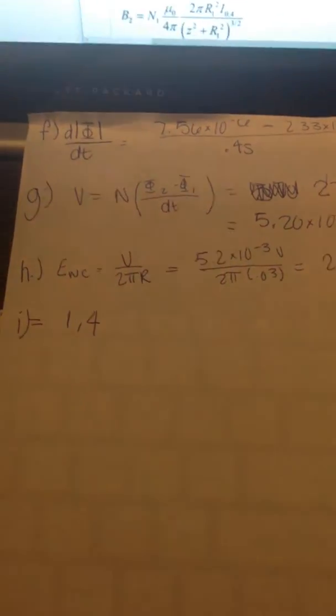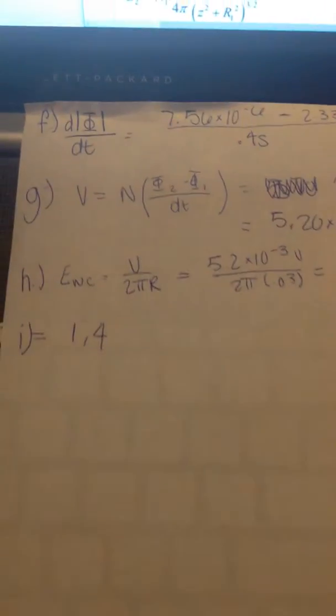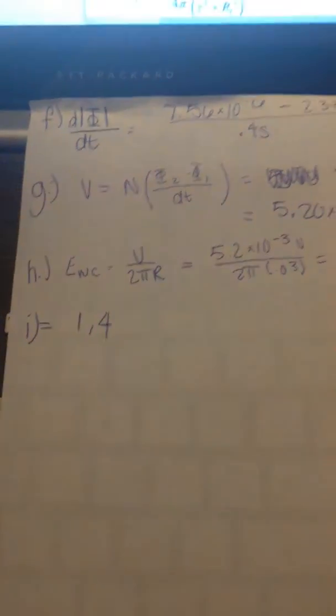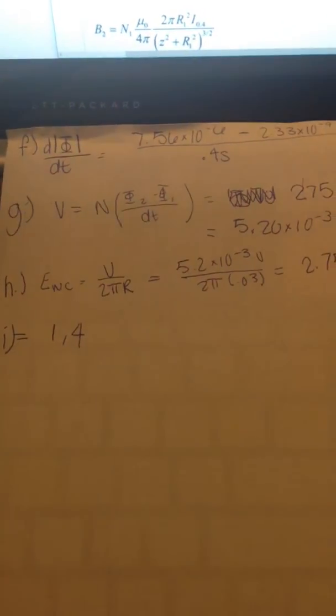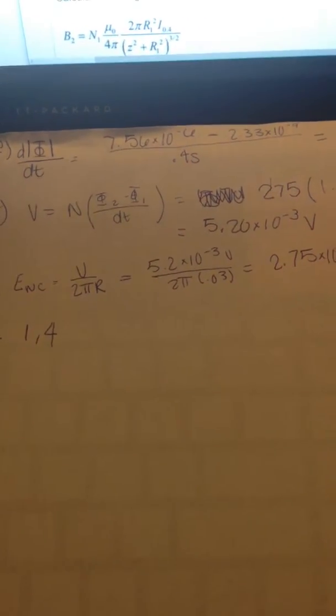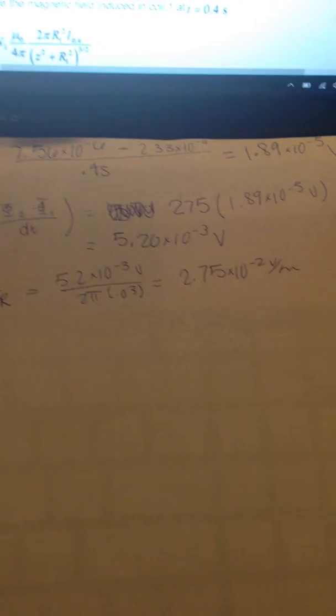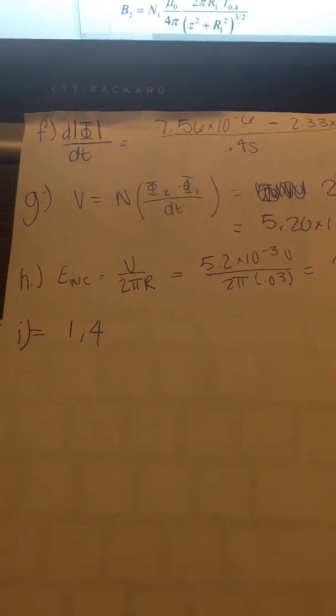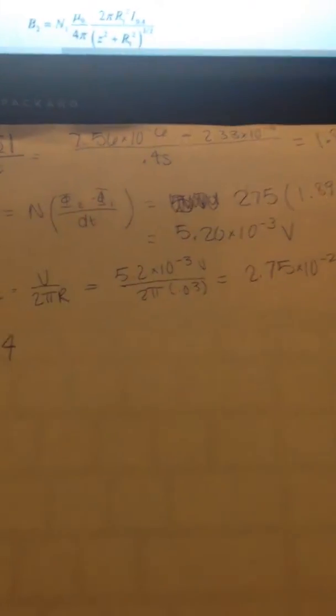So part F, we were asked, what is the EMF in 1 turn? And so we know that negative d flux over dt is going to be equal to that EMF. So we're just going to plug that formula in right there, plug and chug.